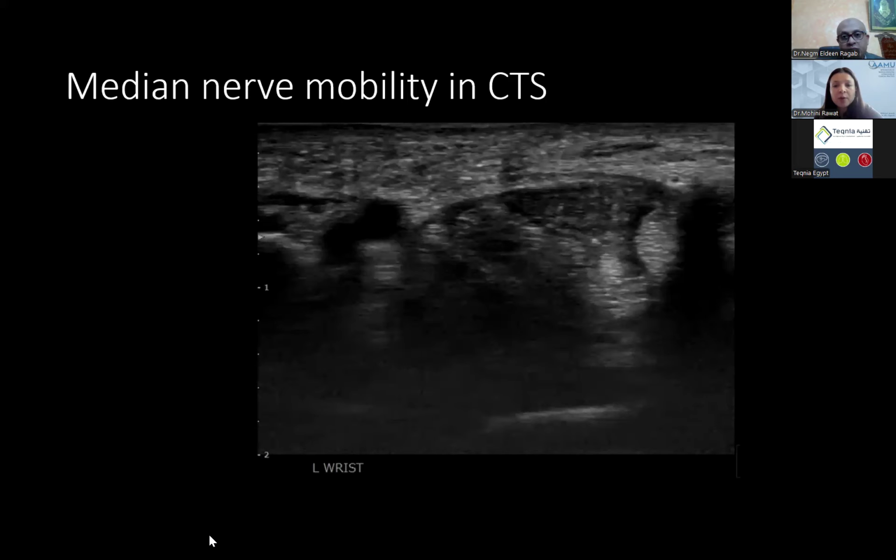The second one is about the temporal course of abnormality. Because we talked about different pathophysiology and different mechanisms, we tend to see more hypoechoic changes in the nerve where there's constriction and enlargement. Now the size does not correlate to the grading, but what correlates is the change in echo pattern.